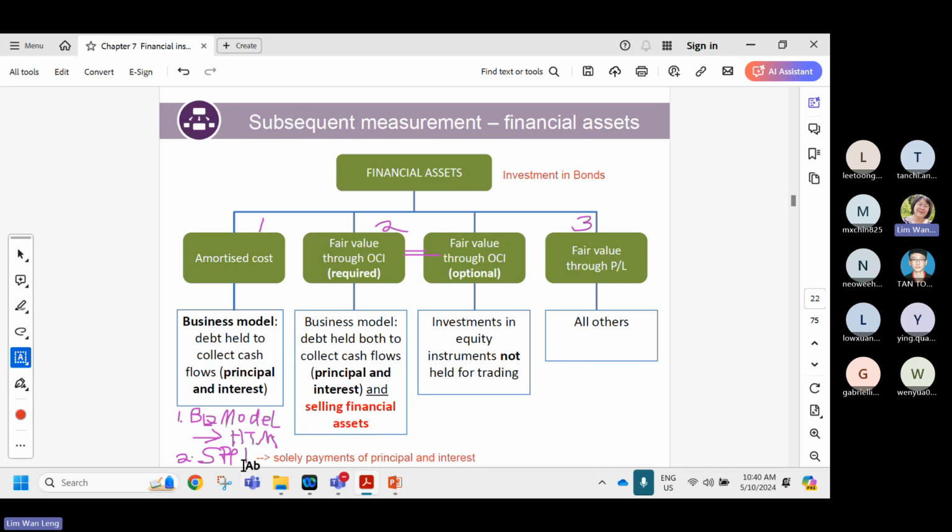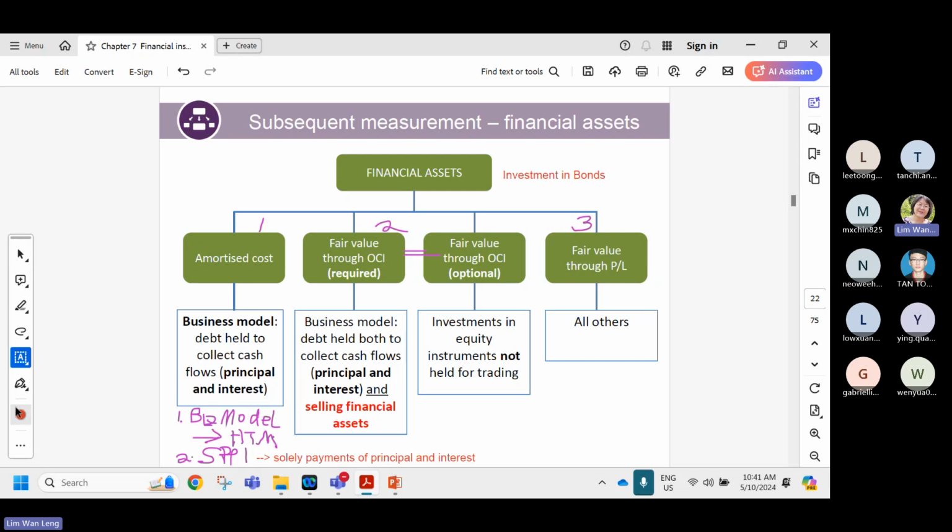So during the 3 years to maturity, at the end of year 1, end of year 2, end of year 3, you will be entitled to payments of interest. And at the end of year 3, they are going to pay you back your principal sum. So that is the SPPI cash flow characteristics.